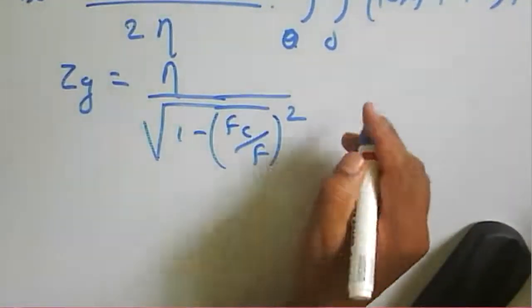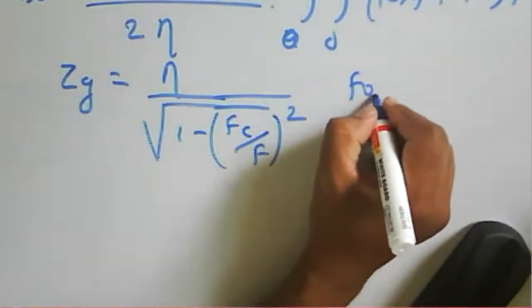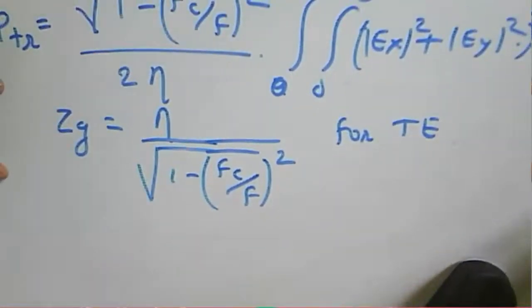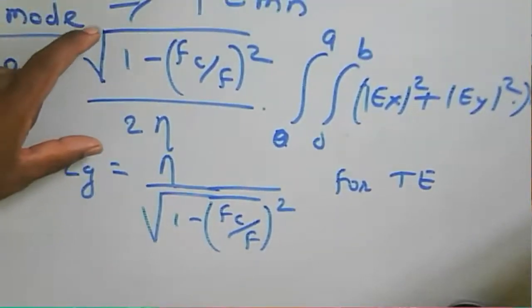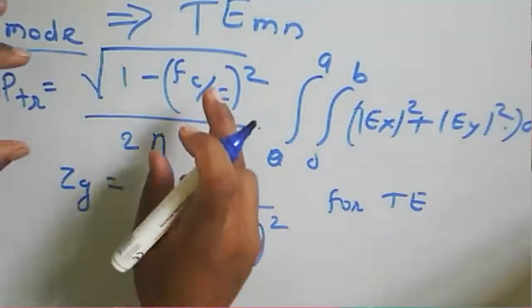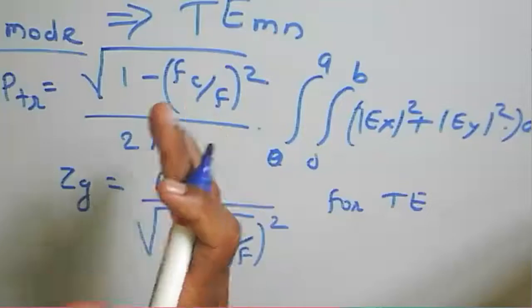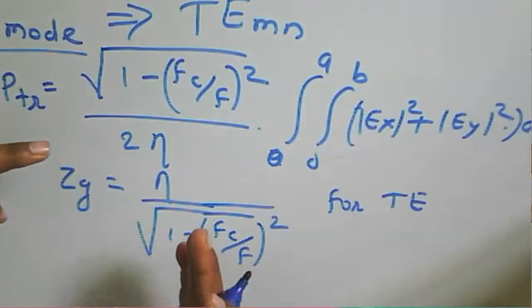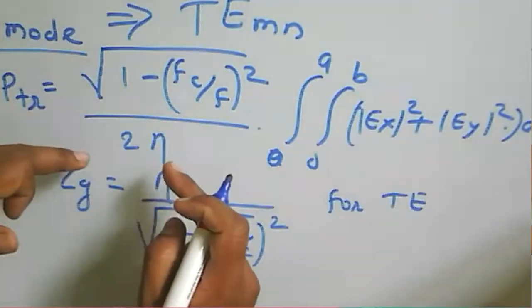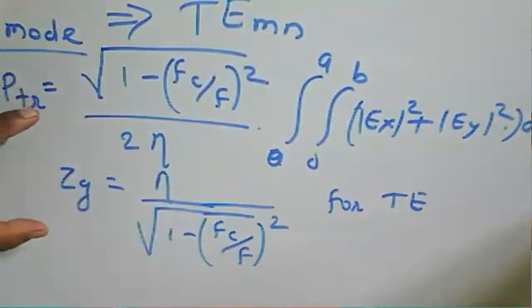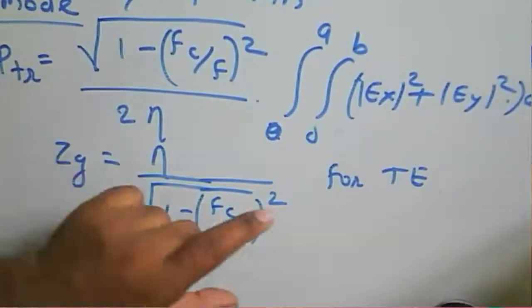That is about the Z, and this Zg we are getting for the TE mode. So earlier we have written 1 by twice Zg. Instead of that, we have written this expression here, if we put Zg, the eta comes in like this. So that is about the power transmitted for the TE mode.